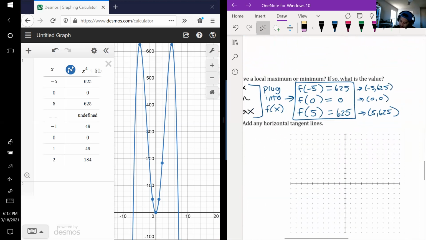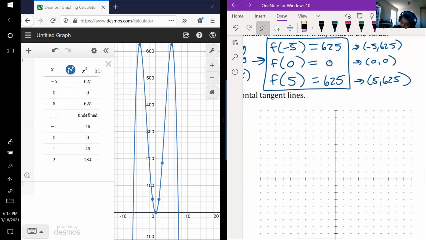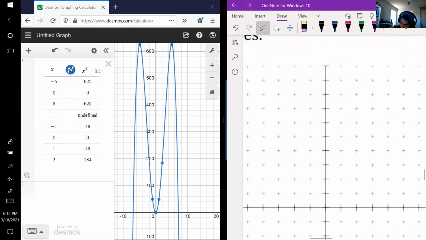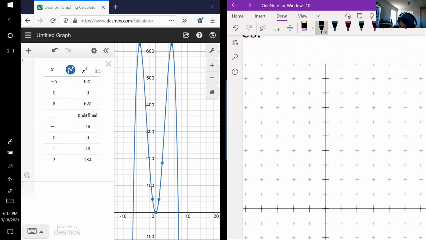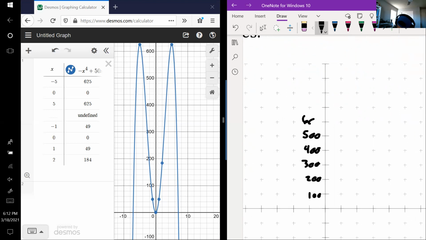The highest Y value is 625. So that means we can just make this by 100s. So this would be 100, 200, 300, 4, 5, and 6. And then there's 0, 1, 2, 3, 4, 5, and 1, 2, 3, 4, -5.